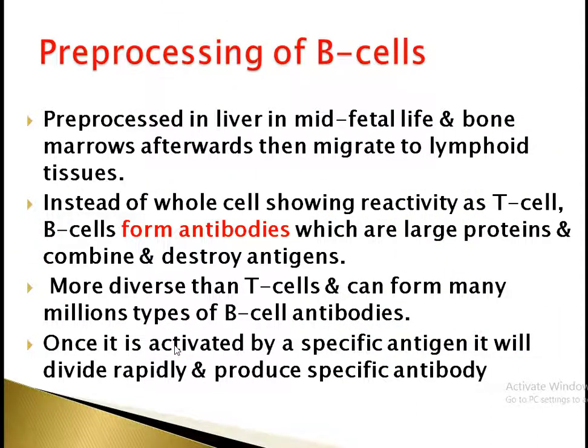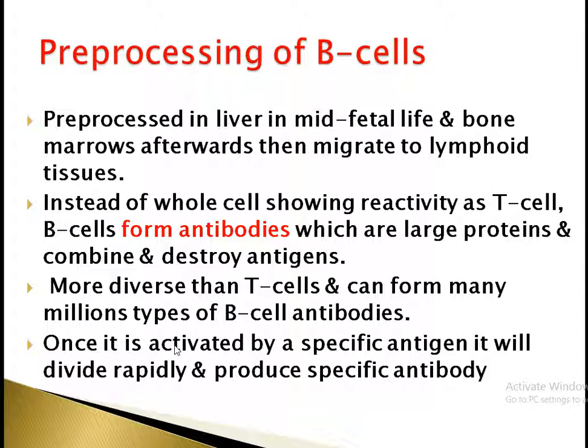Instead of the whole cell developing reactivity against the antigen, as occurs for the T lymphocytes, B lymphocytes actively secrete antibodies that are the reactive agents. These agents are large protein molecules that are capable of combining with and destroying the antigenic substance.